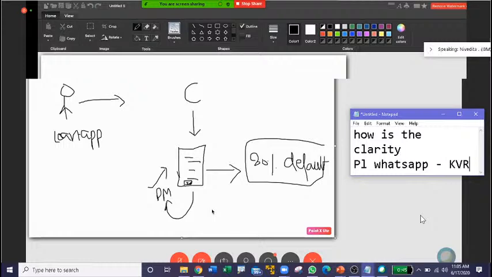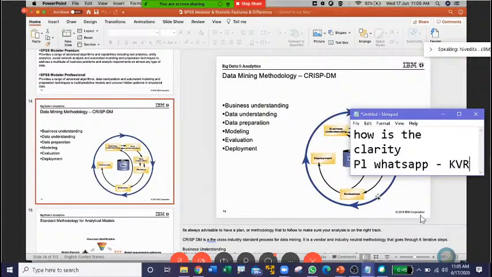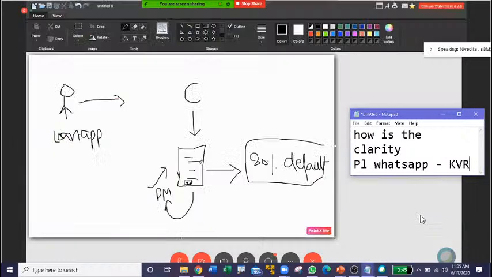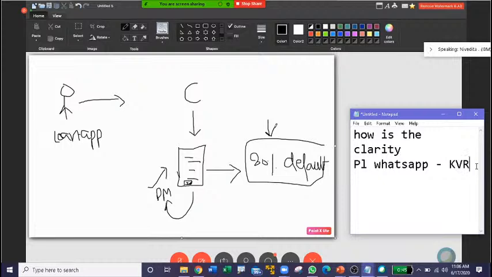But on the deployment side, it is actually the user, the loan application collector, who is using this application to input the data about the customer and get a value on whether his loan application will get approved or not, or whether the bank decides we should give the loan to the customer or not. Any questions?